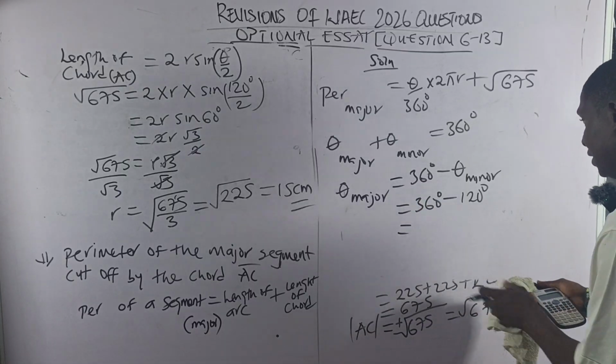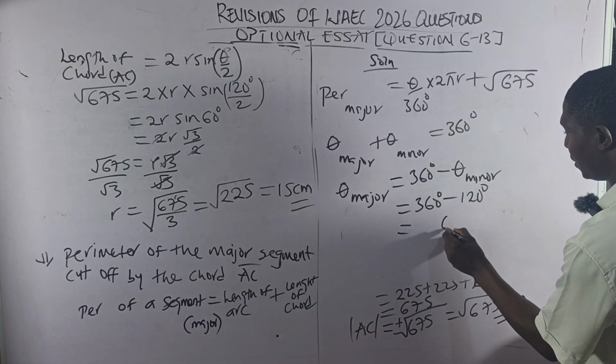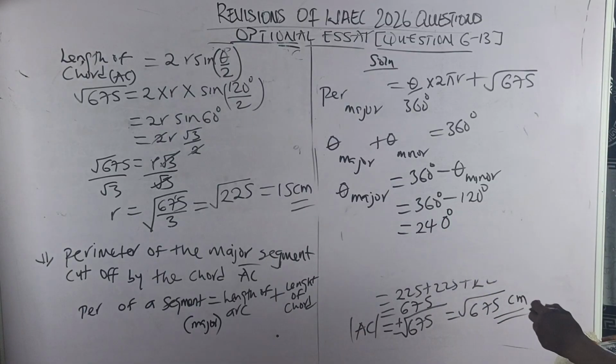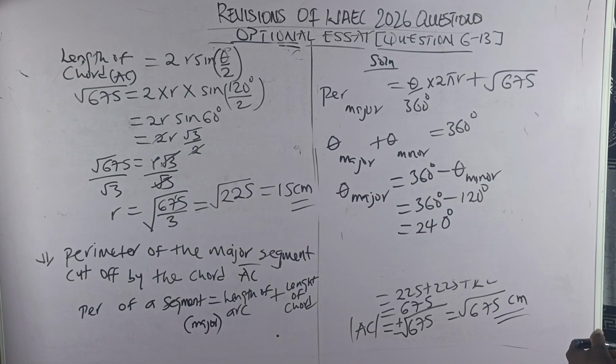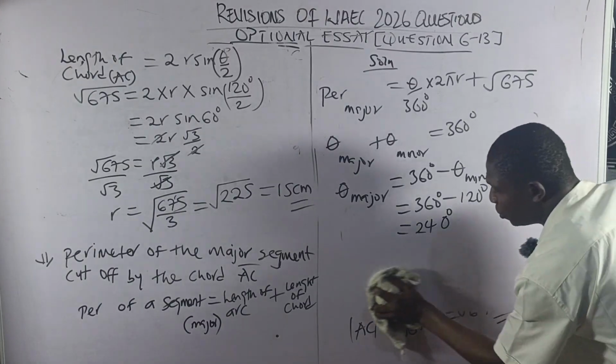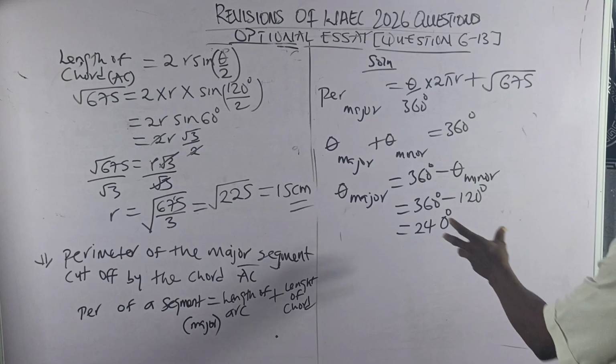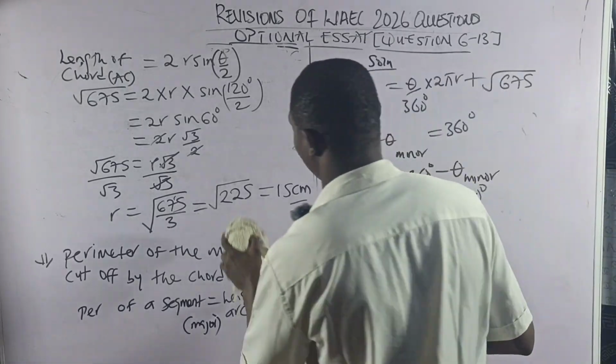So 360 minus 120 is 240 degrees, the angle subtended by the major segment.